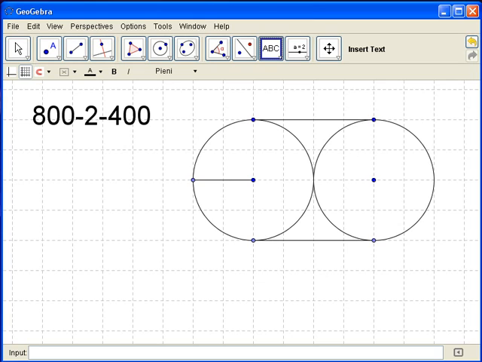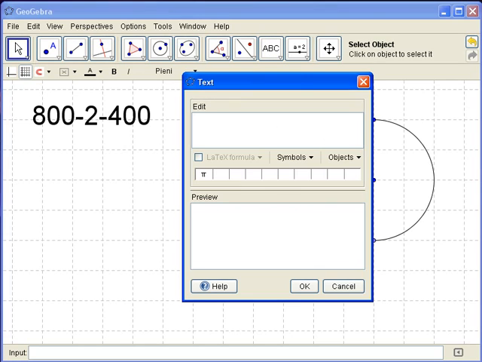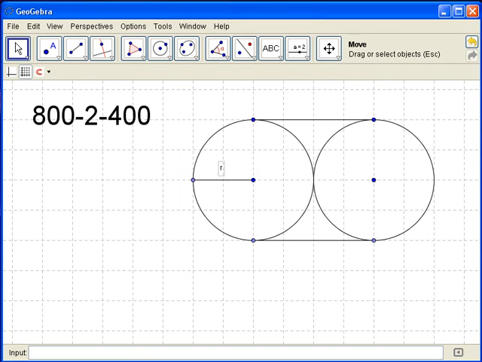And so here we have the radius marked by R, and of course there is also the point of intersection.